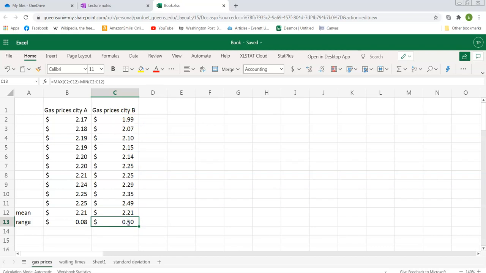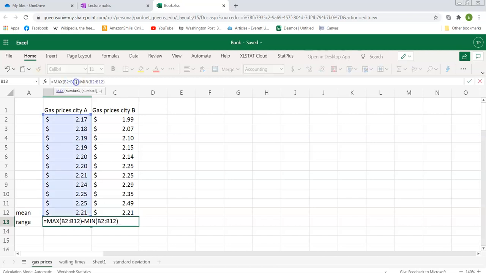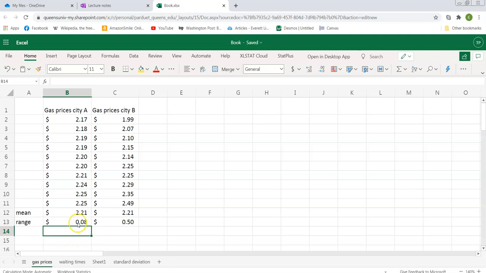All right. And I want to make sure I made a small error here, and I'm going to fix that. So if you're not careful, you can include the mean in your calculations, which is not what I wanted to do.